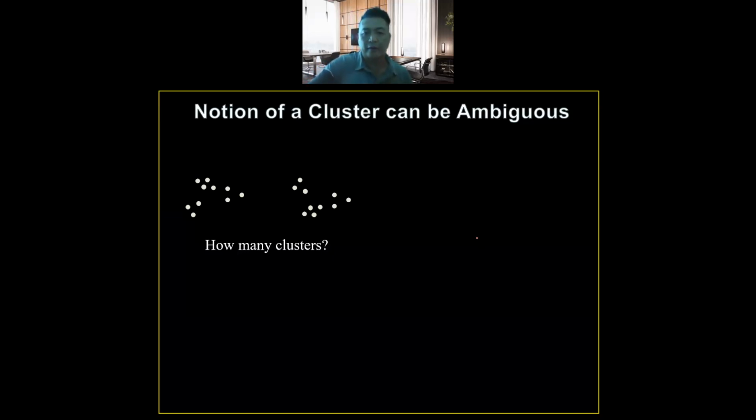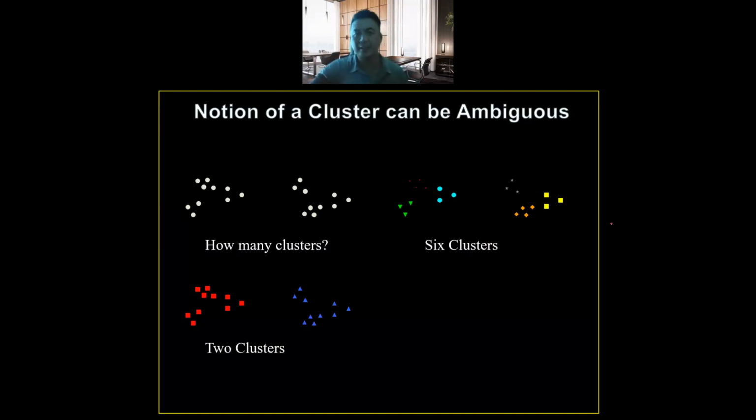We could have two clusters, six clusters, or four clusters. So which one is the best one?